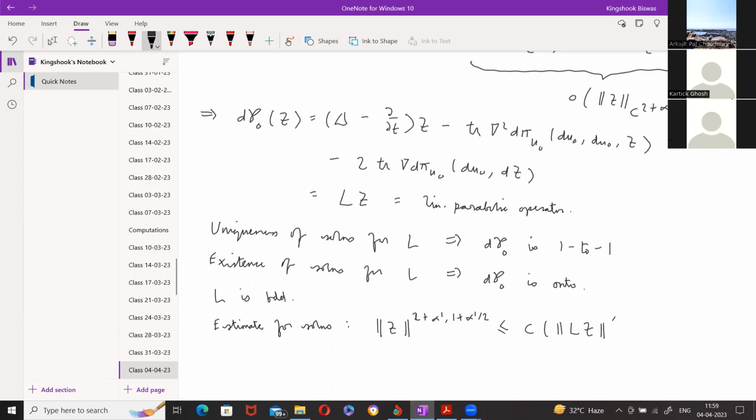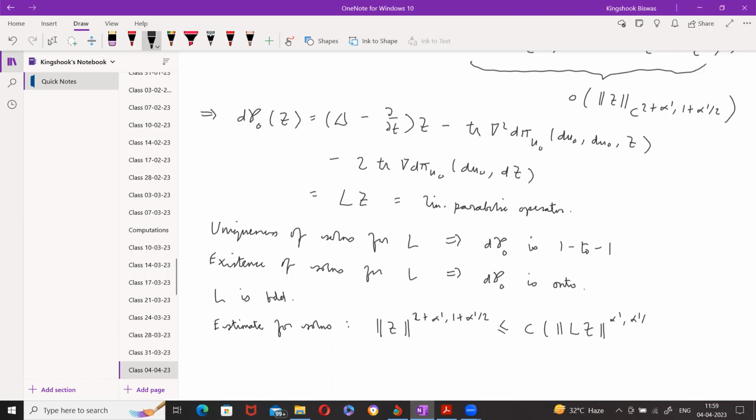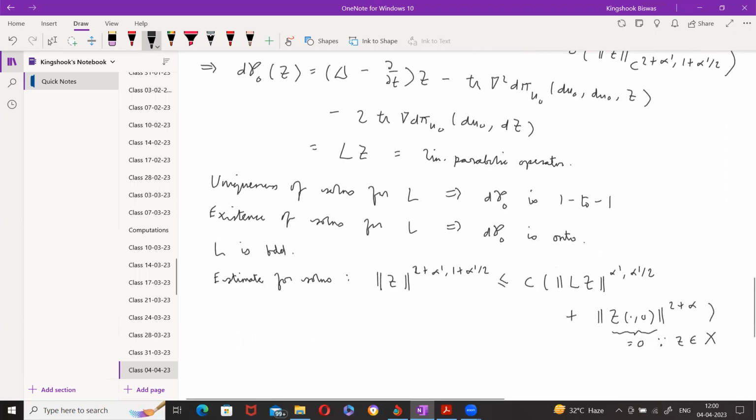Alpha prime by 2, plus the norm of z at time 0, it's 2 plus alpha norm, but this is 0 because z belongs to the Banach space X, in which the value at time 0 is identically 0, right?